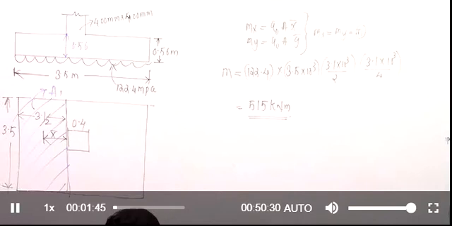The line of action of the compressive load passes through the centroid of the footing as well as of the column.